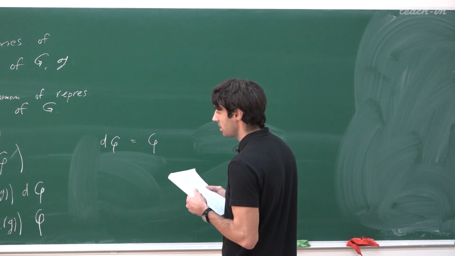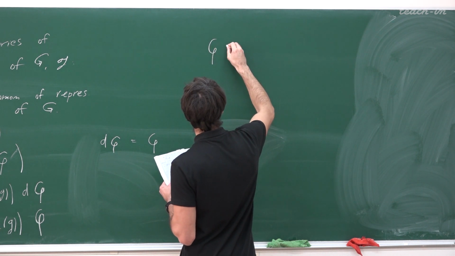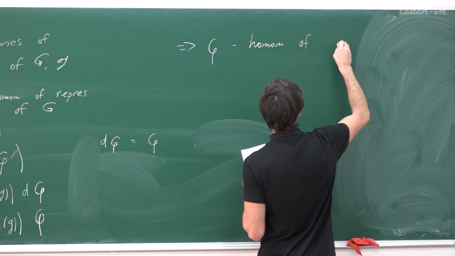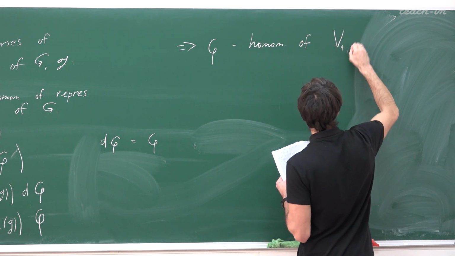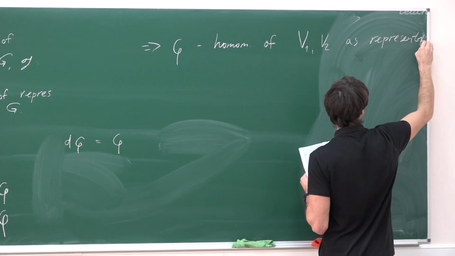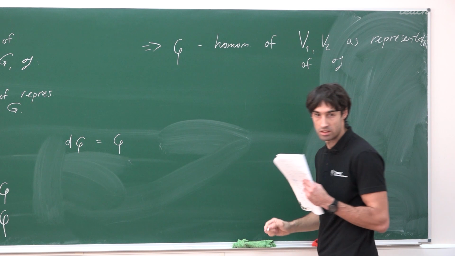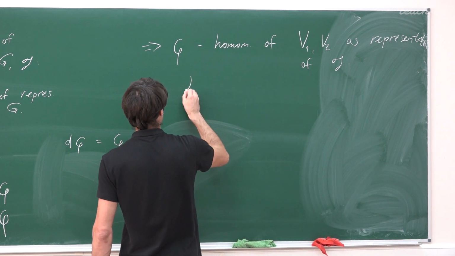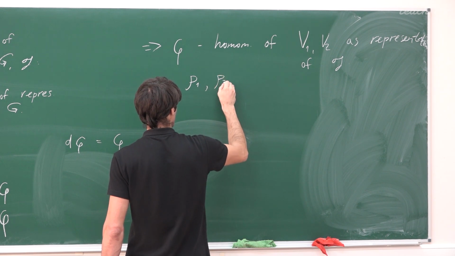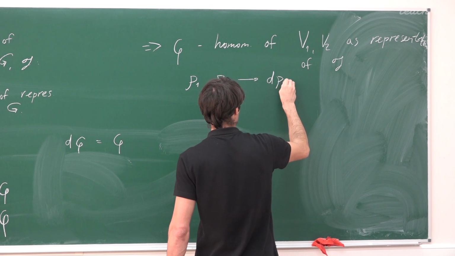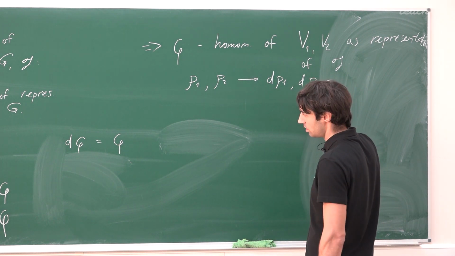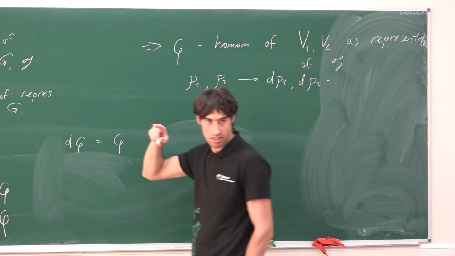Because now I can conclude that phi is a homomorphism of V1 and V2 as representations of 𝔤. Because we have rho 1 and rho 2, and if I take the differential, then d rho 1 and d rho 2 are homomorphisms of 𝔤 to gl_n.